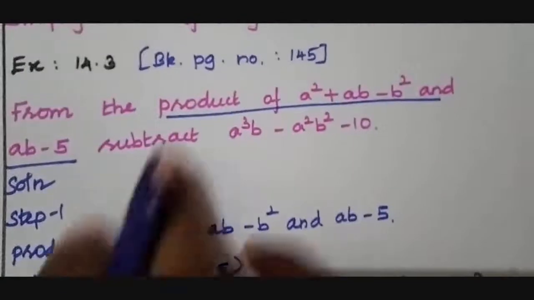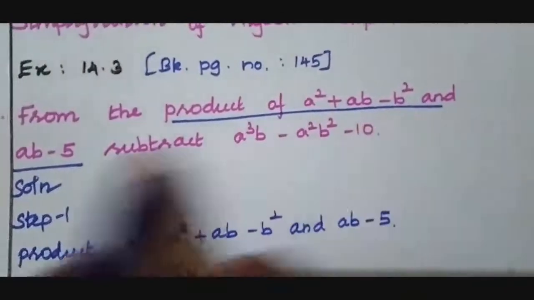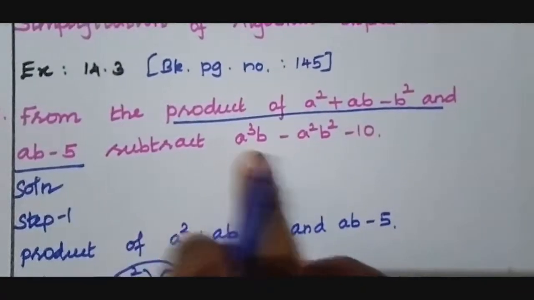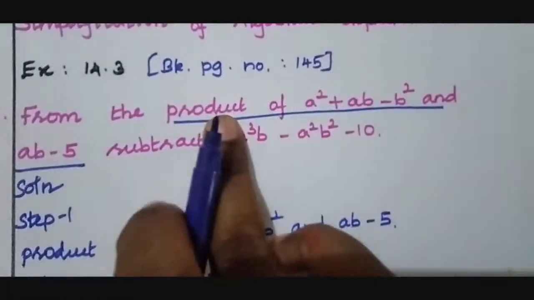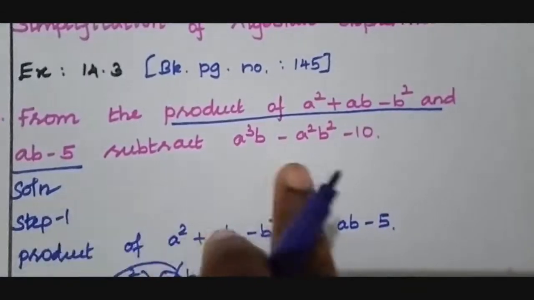Here, from the product of a square plus ab minus b square and ab minus 5, we have to subtract a cube b minus a square b square minus 10. So this is nothing but step 1 answer. From the step 1 answer, you have to subtract this expression.